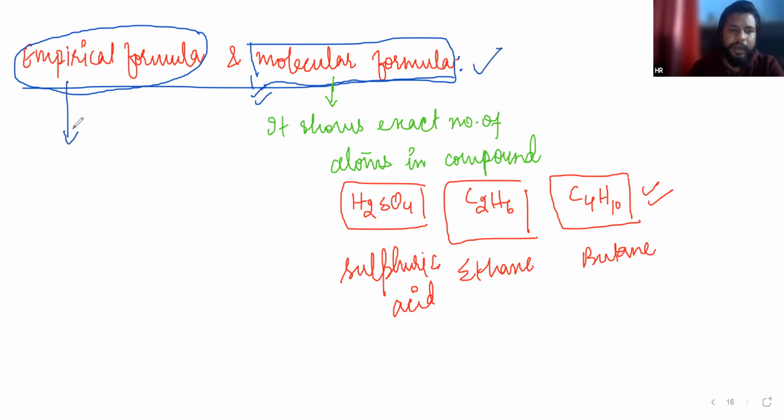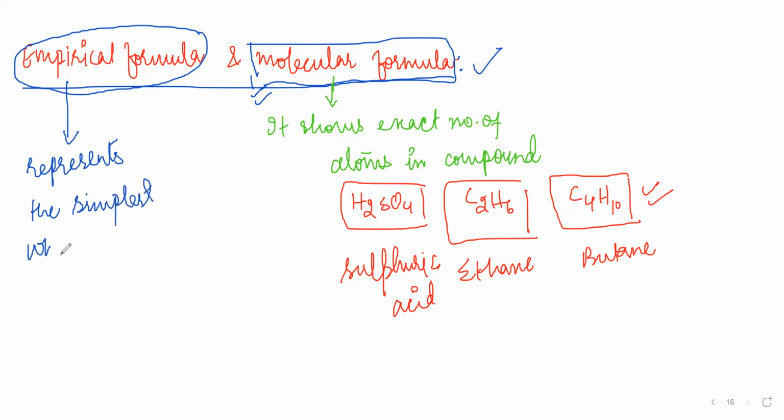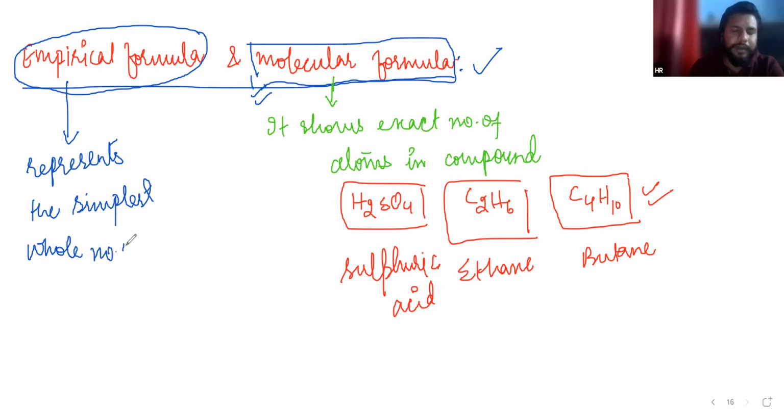And what is empirical formula? Empirical formula represents the simplest whole number ratio of various atoms present in a compound.